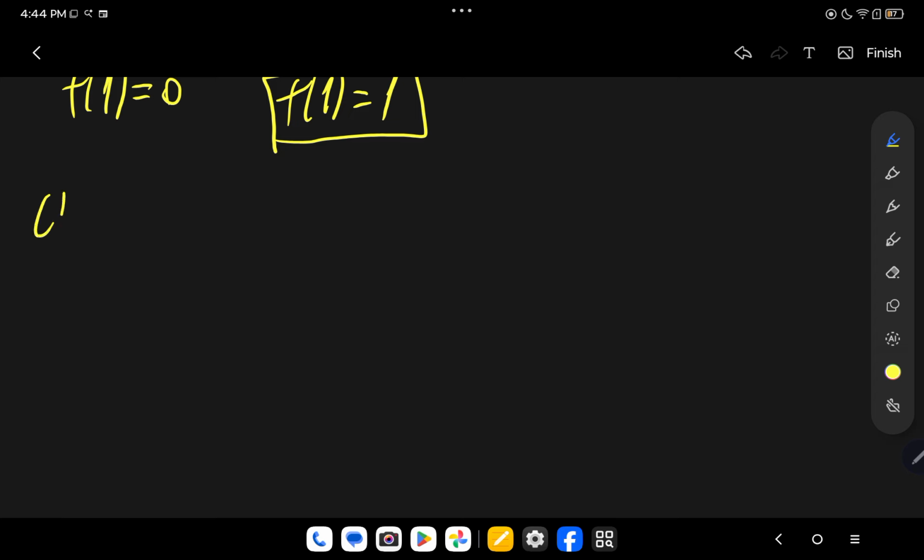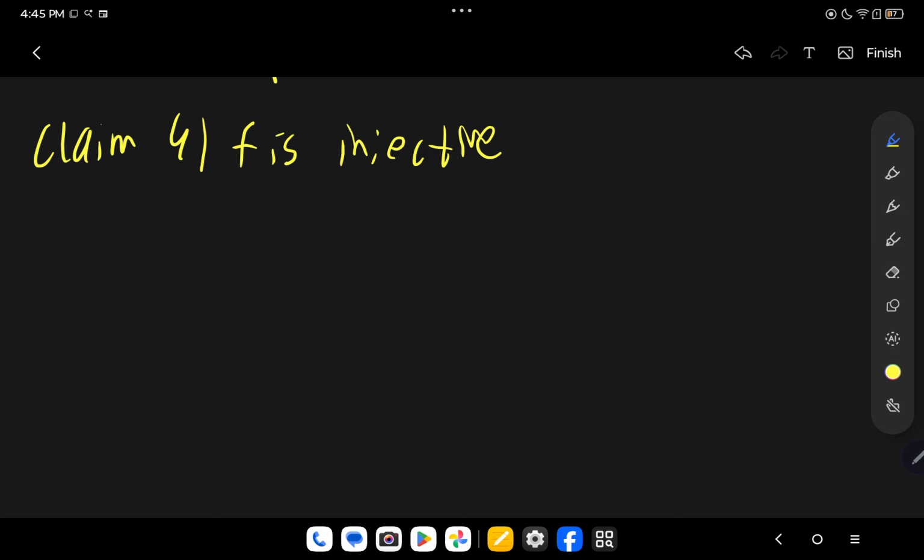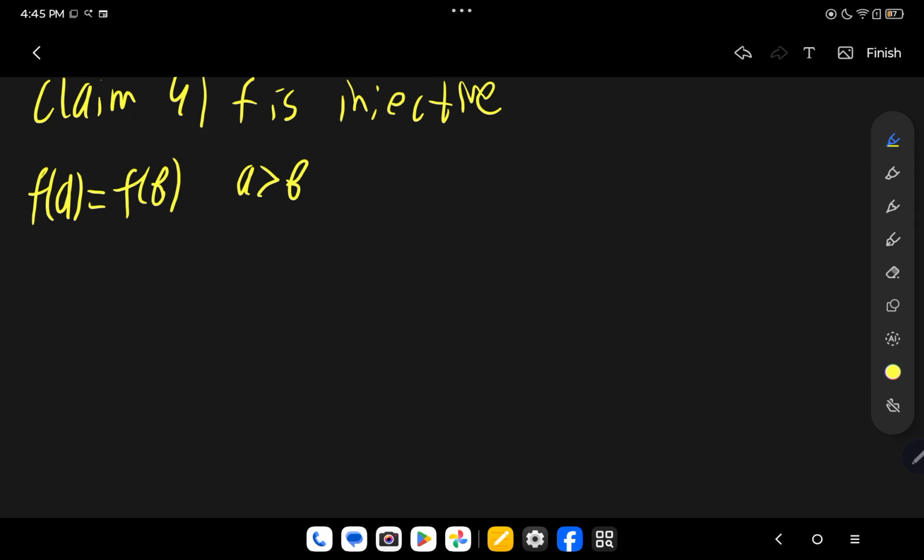Now for claim 4, we'll prove that f is an injective function. And for this, let's assume the contrary and say that f(a) equals f(b) for some a and b such that a is more than b.